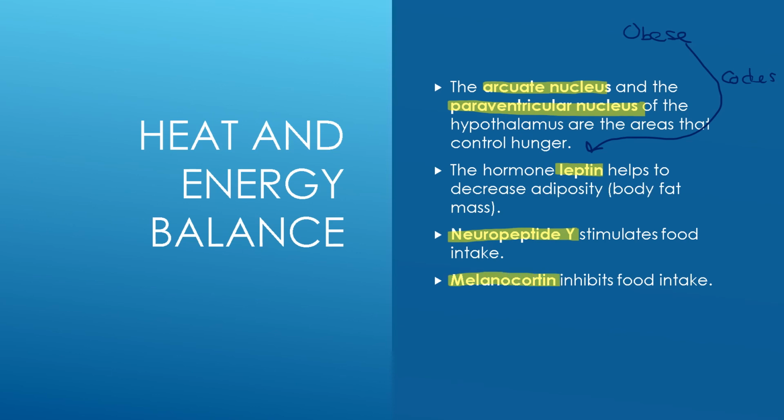This is kind of similar to the melanocyte stimulating hormone, MSH. But melanocortin will actually inhibit food intake. So leptin, stimulated with the release of melanocortin, will act to inhibit food intake.